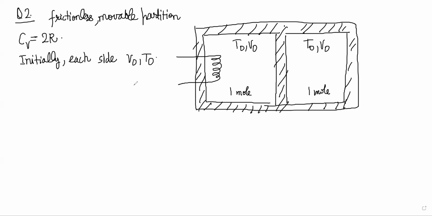The left side has an electric heater. This electric heater is turned on at very low power to transfer heat Q to the gas on the left side.